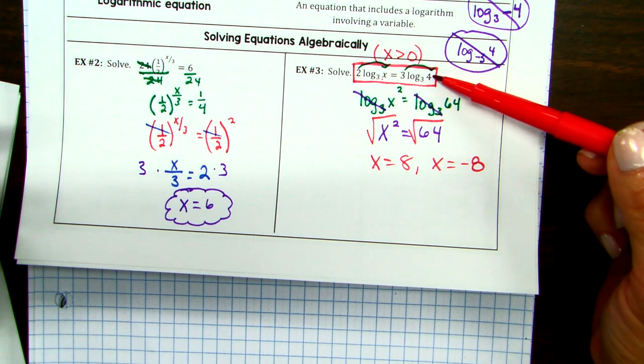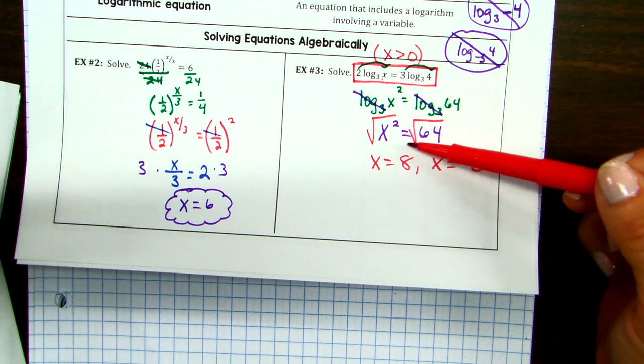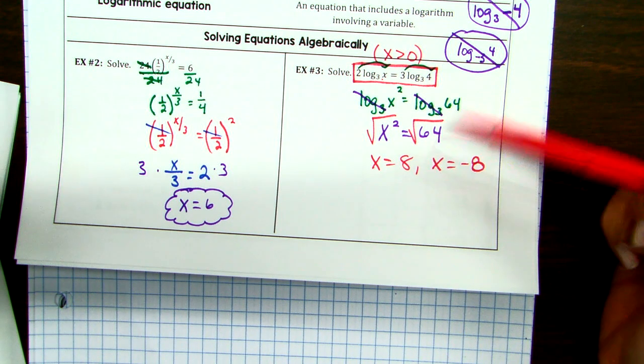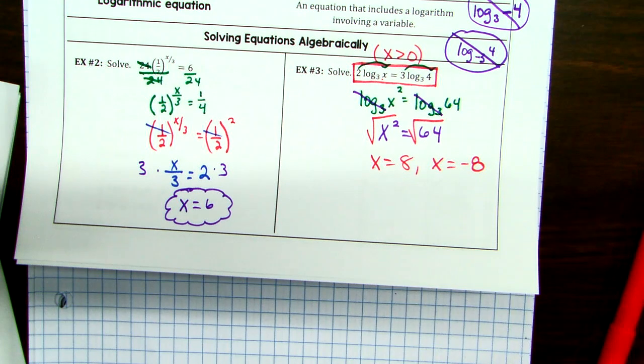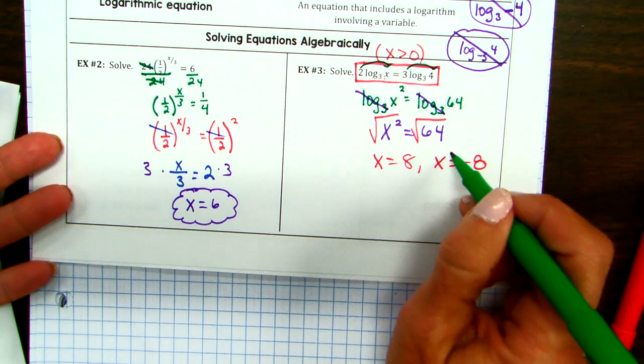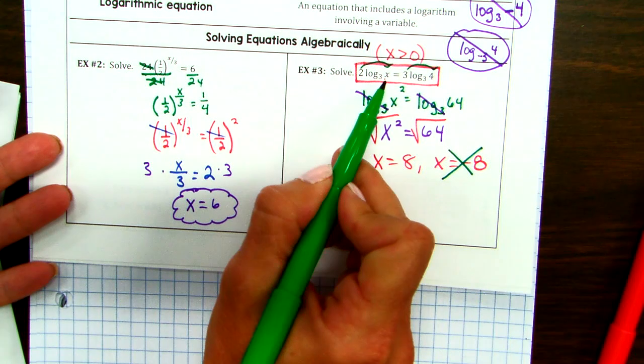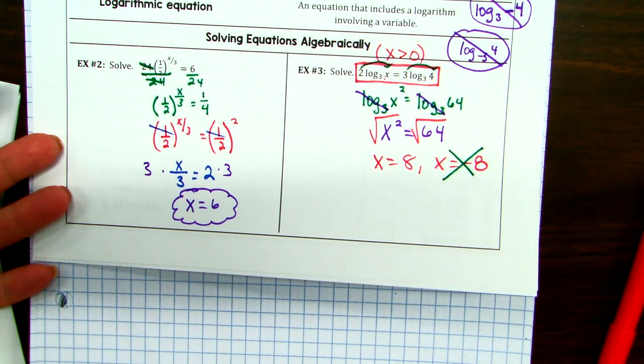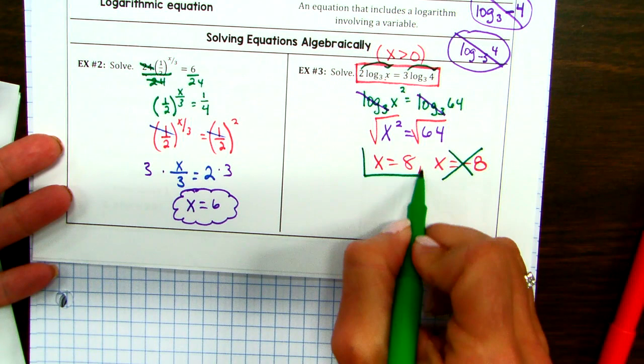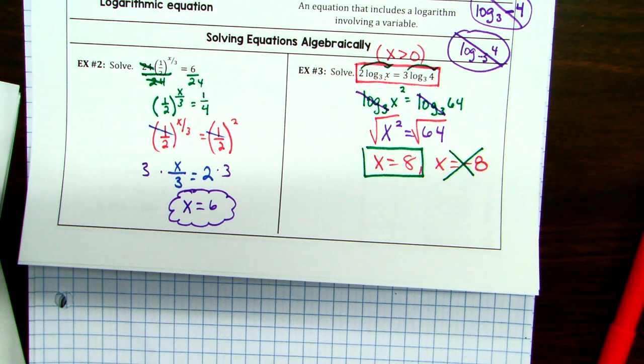So we changed it from a log to, I guess you could call it, not an exponential, but an algebra problem. And we solved it right, but we need to know that this is considered extraneous. We cannot put a -8 where that x is. The only solution we would have would be this one. And I'll keep bringing this up in the next few problems.